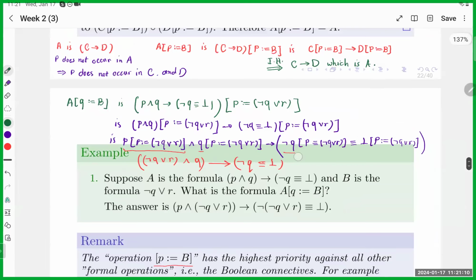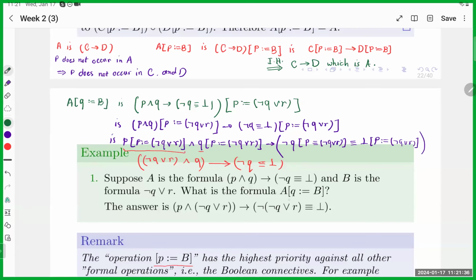Here, where? Oh, sorry. Did I make a mistake? Sorry, I made a mistake somewhere. One second. What was the general formula? Oh, we are substituting Q. Okay, I proved something else.